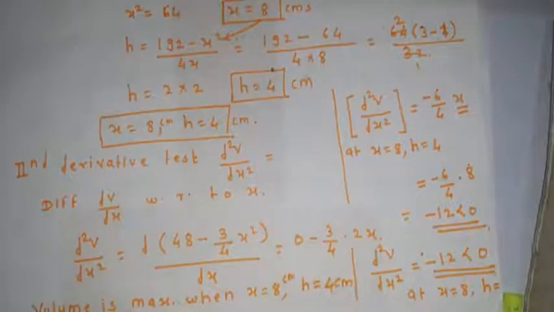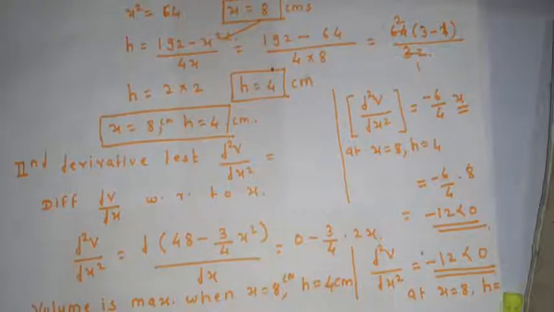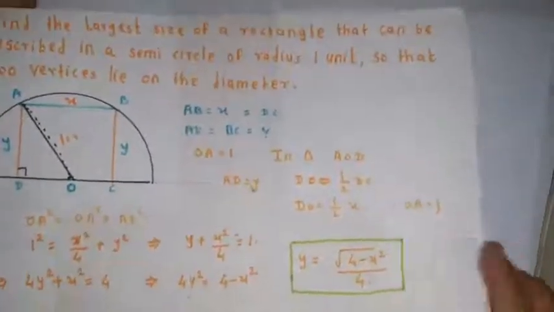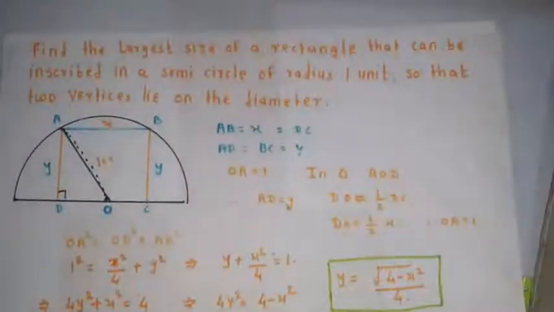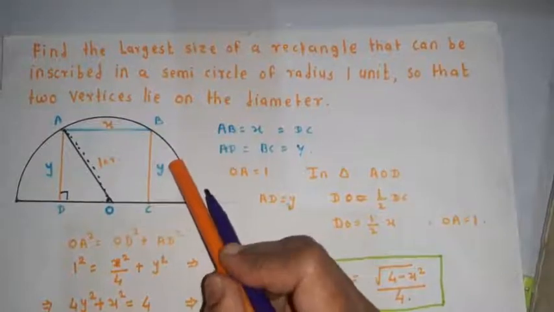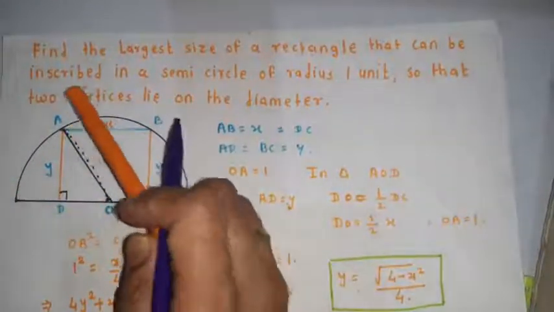Okay students, now there is homework for you, so please try to solve this problem. If you have difficulty, then ask me. The problem is very easy, but it is lengthy.